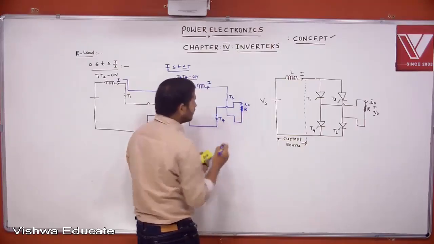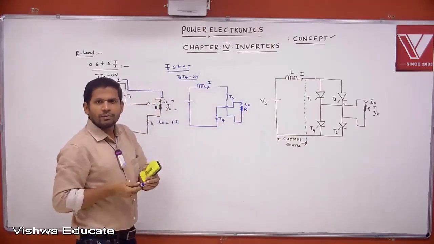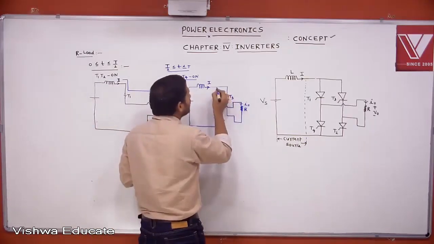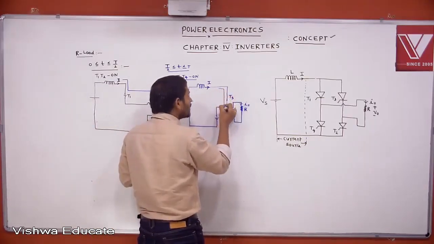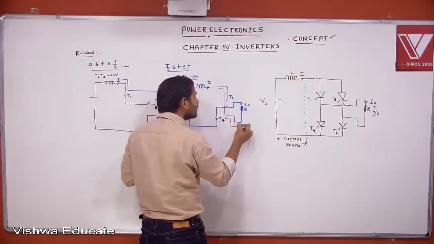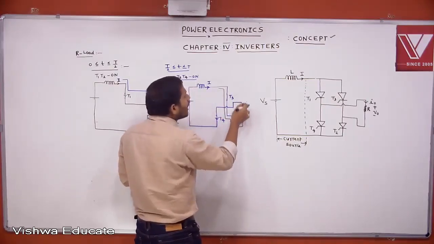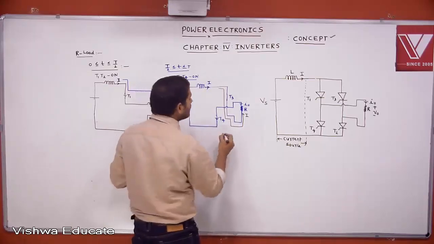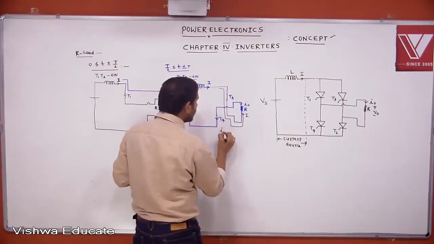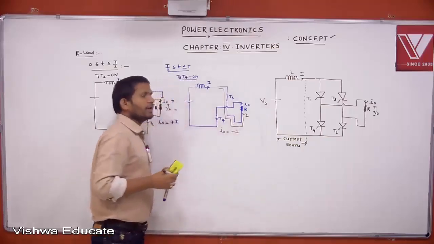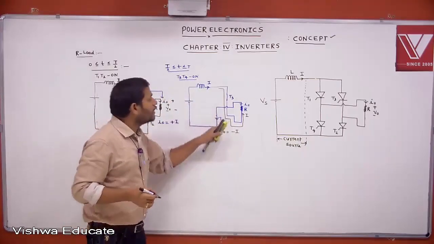This is R. Now tell me, if T3, T4 is conducting, what is the direction of current? This is I, exactly opposite to the assumed load current direction. Then I naught equals minus I, if T3, T4 is conducting.